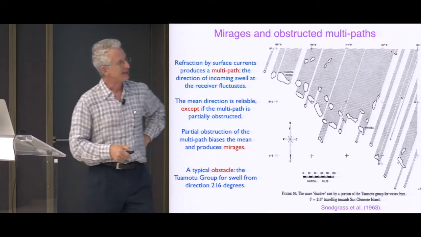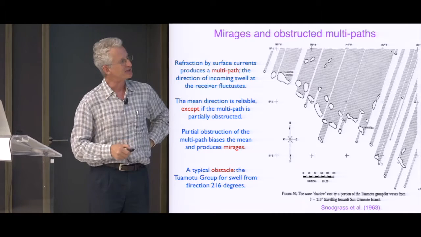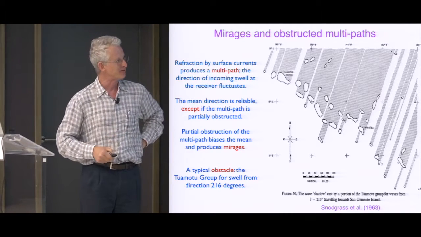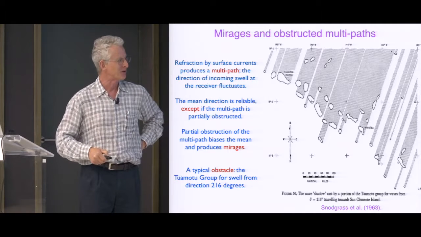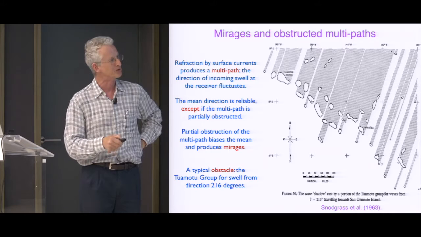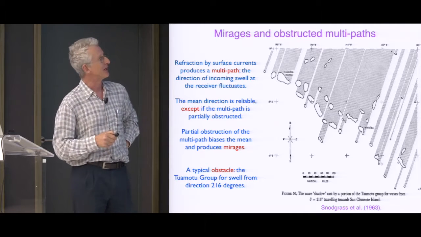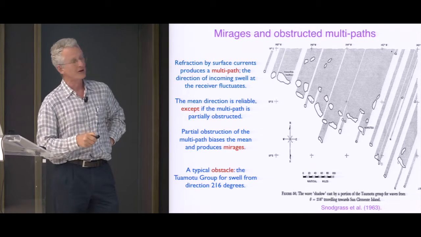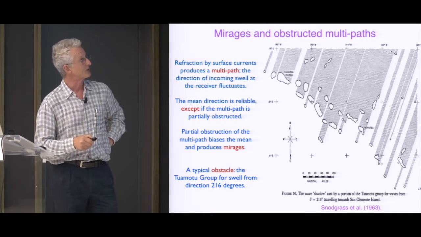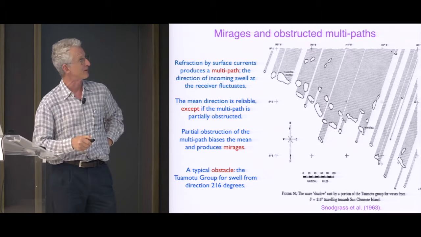So here's what the densest part of the Tuamoto Island group looks like. This is a rather fanciful figure from the paper by Snodgrass and co. I think this is the wave shadow cast by Tuamoto. So the idea is refraction by the surface currents produces the multipath, and the direction of the incoming swell at the receiver fluctuates.